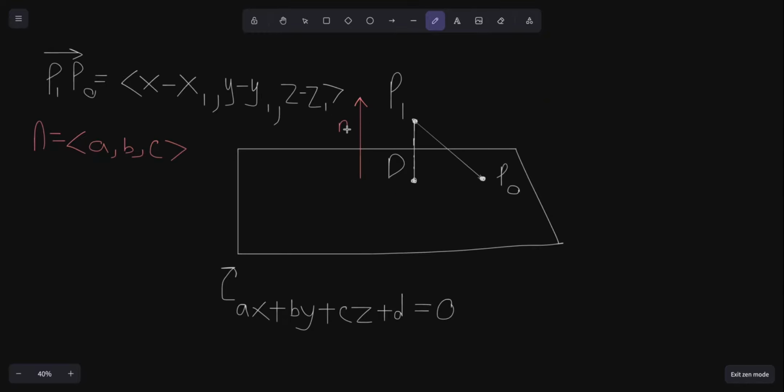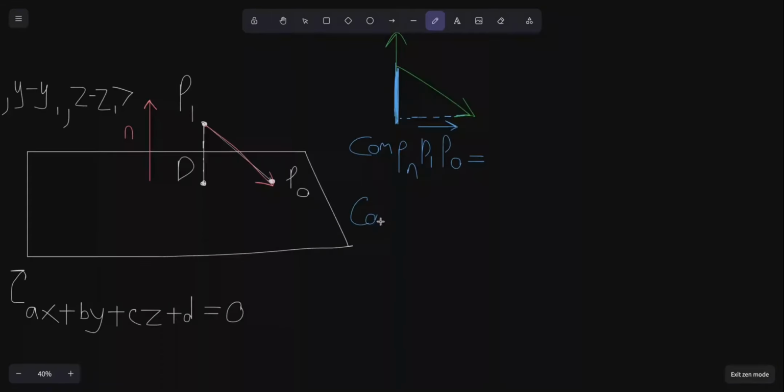Or actually not the projection, but the component of P1, P0 onto the normal vector, right? If we take the component of P1, P0 onto the normal vector, then that's going to be equal to our displacement, or the distance from the origin. So we're able to use these fancy linear algebra operations to help us solve this problem.